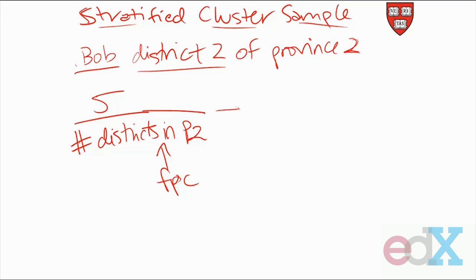Moving on, now that we've got District 2 in our survey, what's the probability that Bob gets included if District 2 gets included? Well, we're sampling 50 people out of District 2, so his chance of being included is 50 divided by the number of people in District 2.